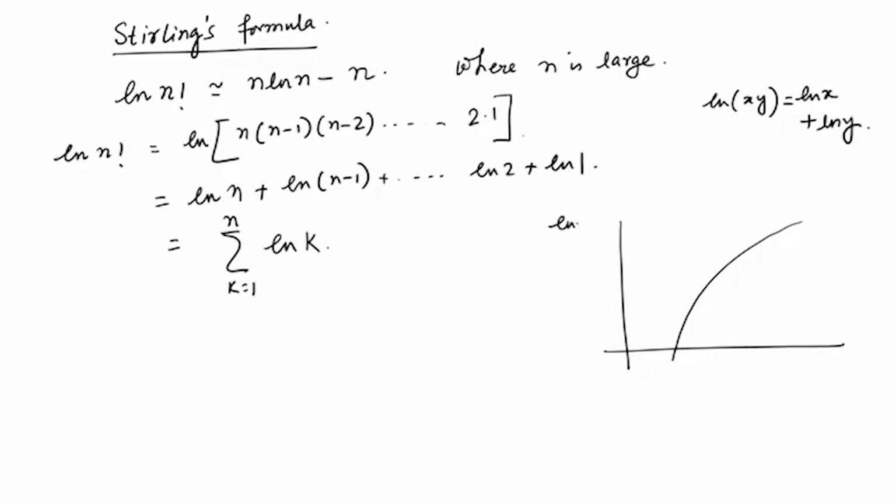So, this is log of x versus x, and what we need to do is that when you try to calculate the sum or the integral of this, we break it up into several such trapezia, or rather here if they are too small and close to each other, they can be considered as rectangles and so on. So, we just calculate the area under the curve by summing up the areas of each of the rectangles that we see there.